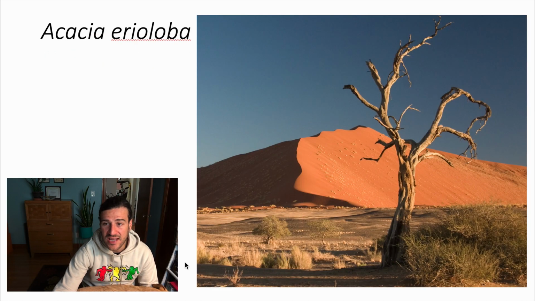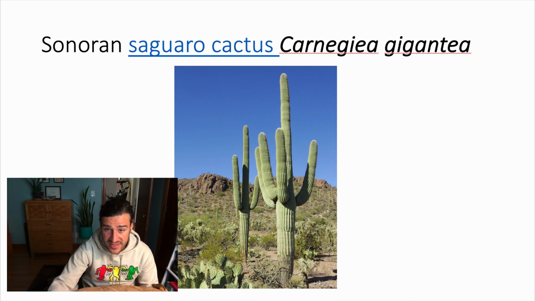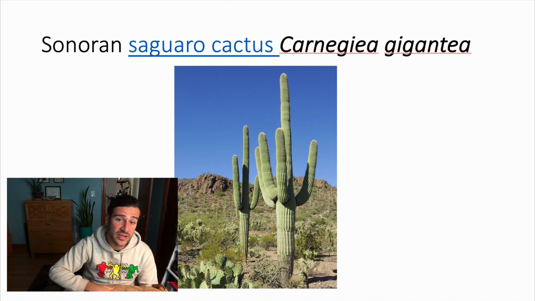So this is an acacia species that is drought deciduous, so it's not dead. This is just a part of the driest part of the year, so it has no more leaves. This link I will put, this will be link number 2. This is in the Sonoran Desert. There are saguaro cactus, and these are just such cool organisms.